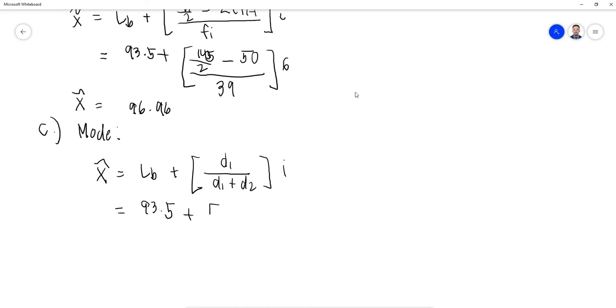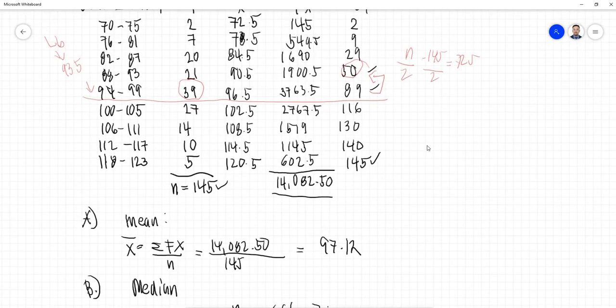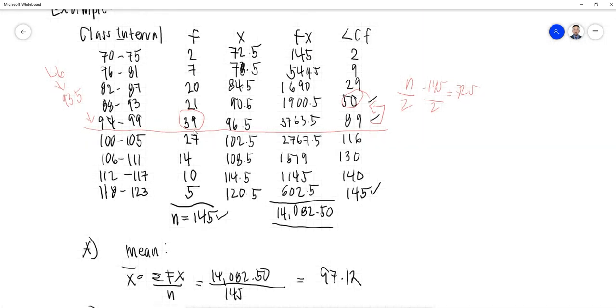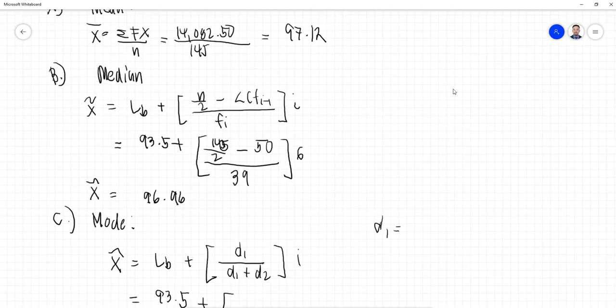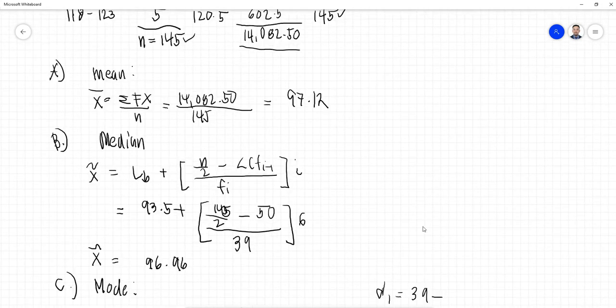Plus d sub 1 is equals to the modal class. The frequency of the modal class is 39. 39 minus the frequency before the modal class.